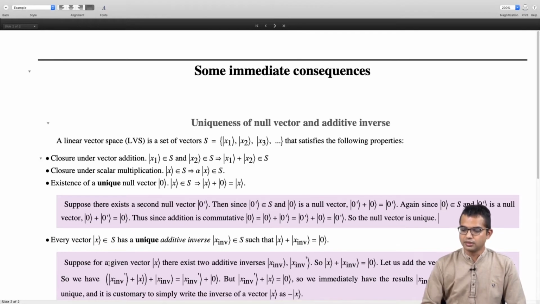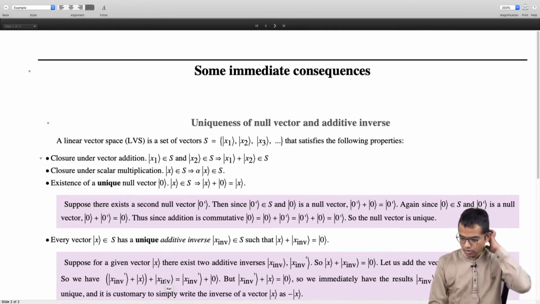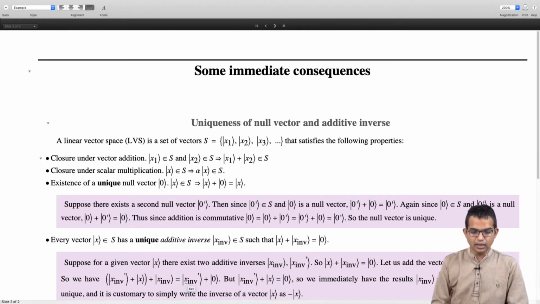Let us add this x inverse prime to both sides. I'm going to add from the left side. It doesn't matter because the addition is commutative. Then I will use associativity of addition. So I have x inverse prime plus x inverse is equal to x inverse prime plus 0, because on the right hand side also I have added x inverse prime.